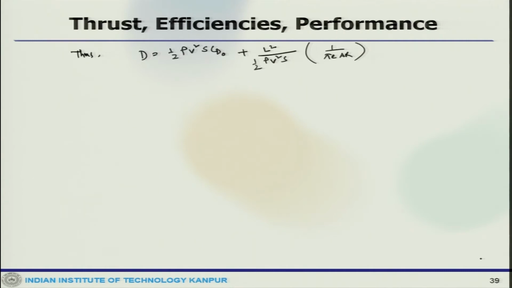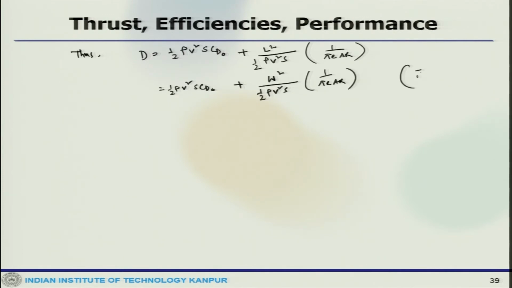Now what we get is that we can write half rho V square C_D0 plus W square by half rho V square S times 1 by pi E AR.